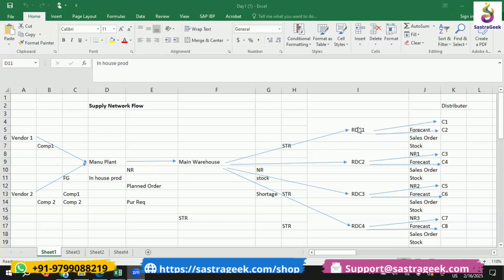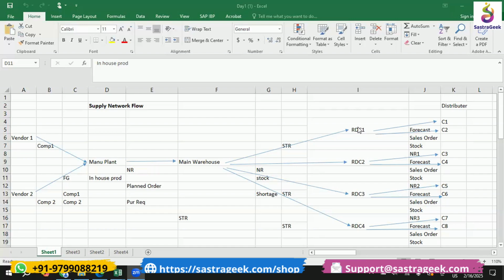From left side to right side, it's a goods flow. Goods will be produced on the left side of the Excel, and then start moving towards the right side. Whereas from right side to left side, it is the demand flow. Demand would be generated at my downstream location, at my customer level, at my distribution center level. And from there, that demand in terms of shortages, net requirements, will start passing to the left side of the Excel.